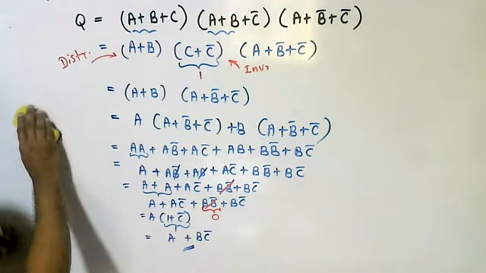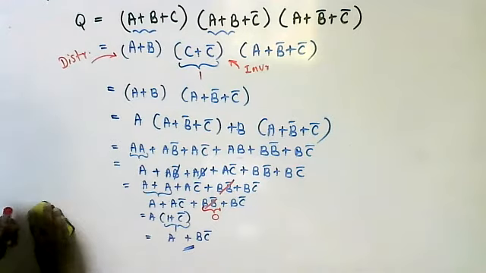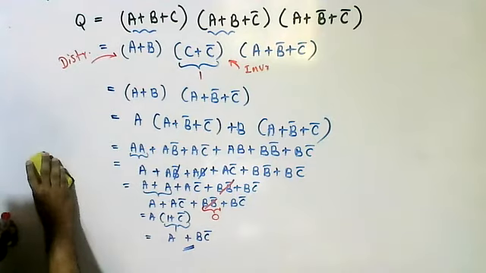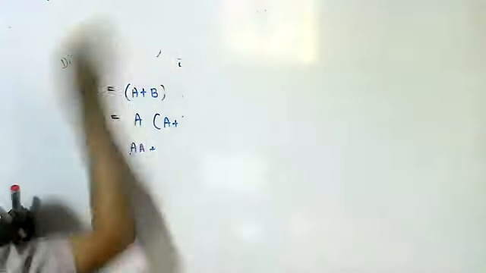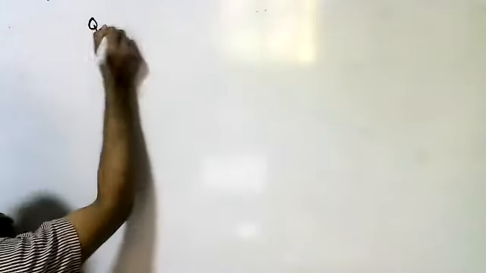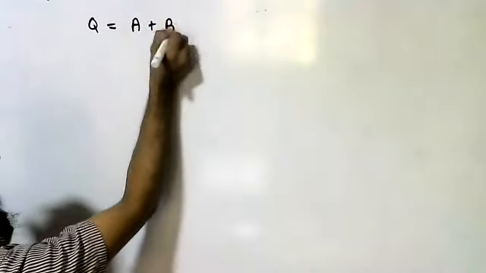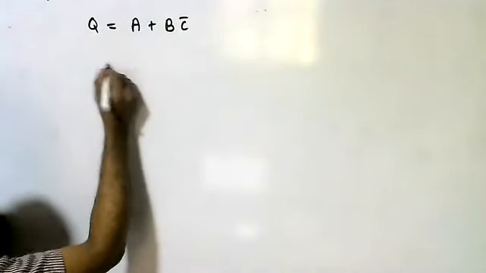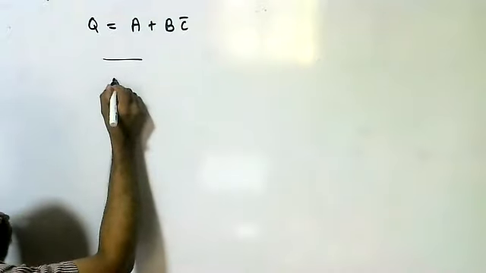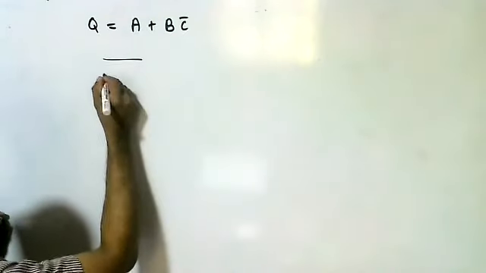Right, A plus BC bar. We'll draw the logic circuit here. Q equals A plus BC bar. Then it comes to A and BC bar.